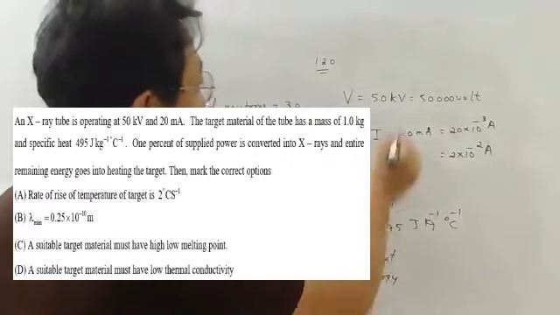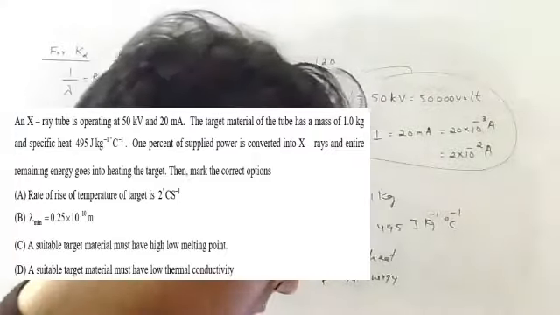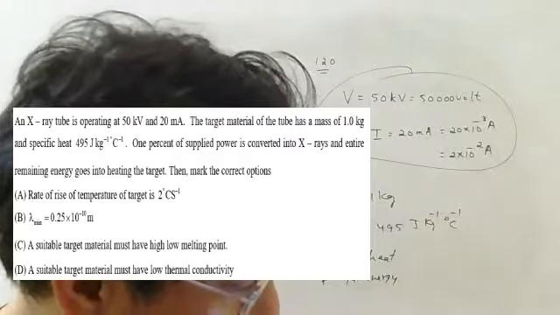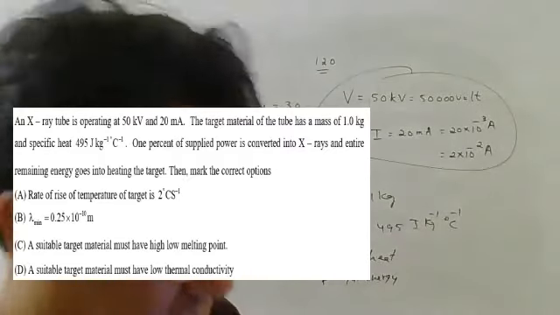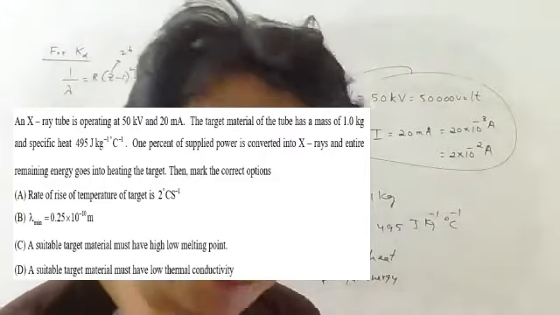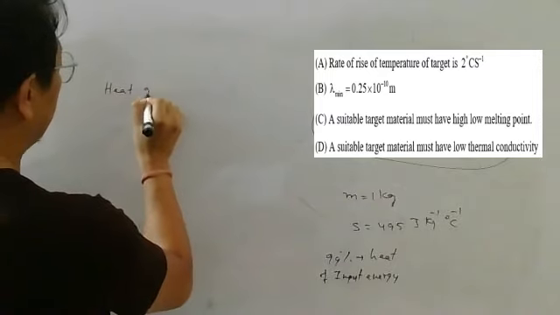Here input energy is the electrical energy, right? So then they are asking, mark the correct option. The rise of temperature of target is how much? Look carefully, they have not given you the rise of temperature. They want rise of temperature per second.